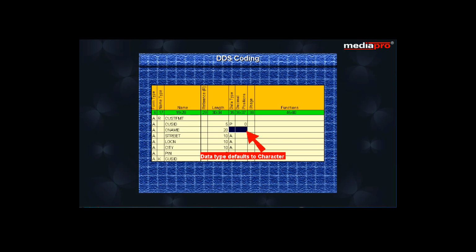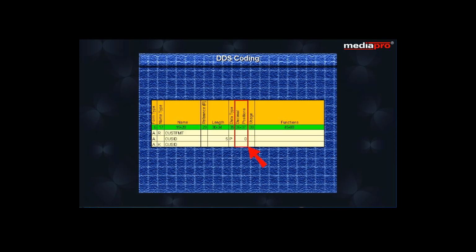But when columns 36 and 37 have entries and column 35 is blank, the data type entry defaults to numeric. Columns 36 and 37 are used to indicate the number of decimal positions in a numeric field.